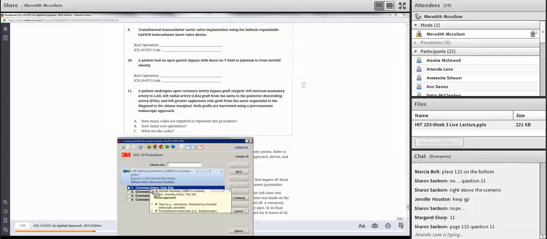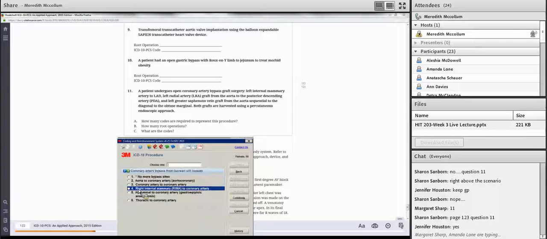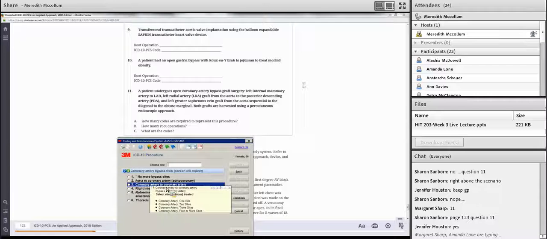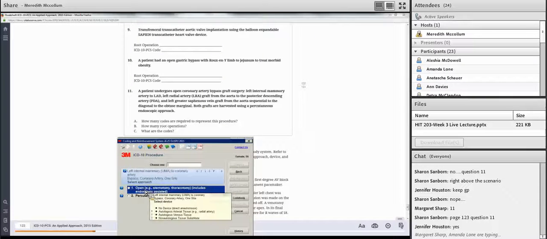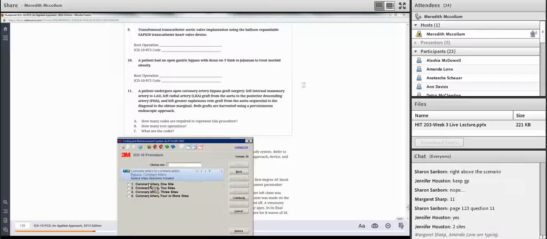This one is 2 sites, minus the mammary artery, and that was percutaneous, no device. Wait, let me go back, because that's coronary artery 1 site, percutaneous endoscopic, and then no device.